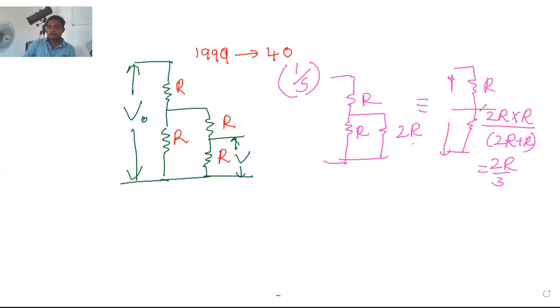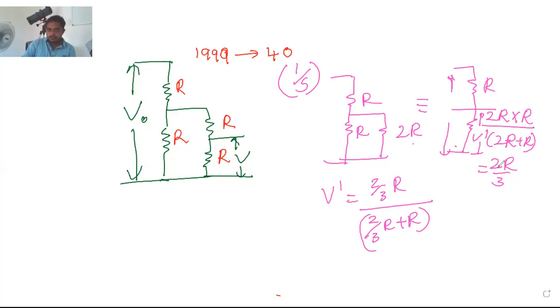So we can find the voltage V dash from here. V dash is equal, by the potential divider technique, to 2/3 R divided by 2/3 R plus R. With the potential divider technique, I need the potential across this resistor divided by the total resistance.